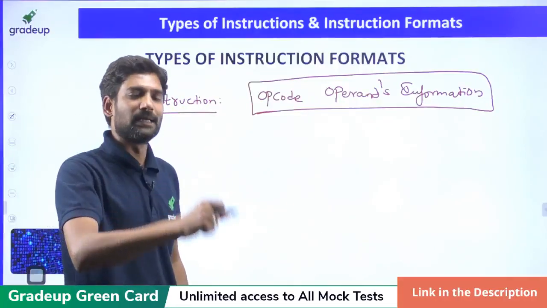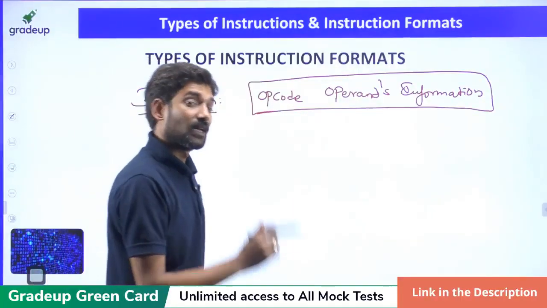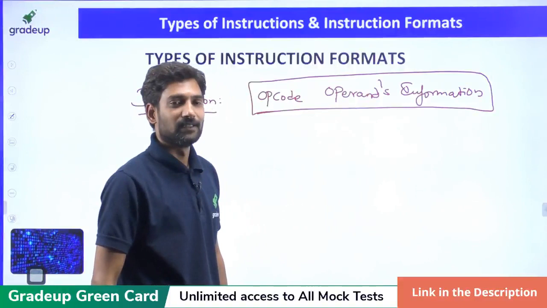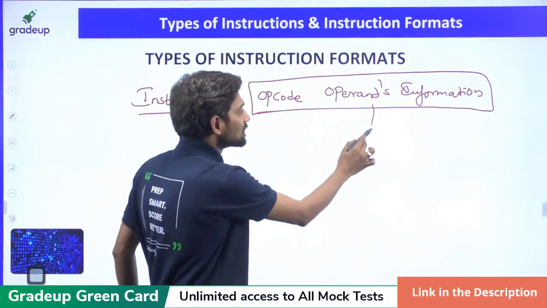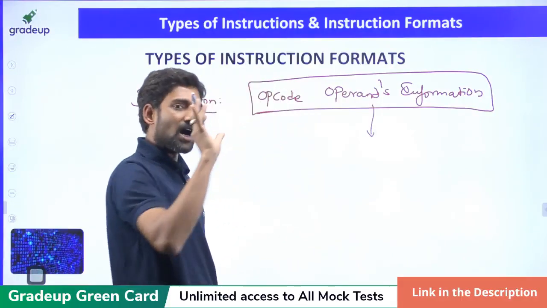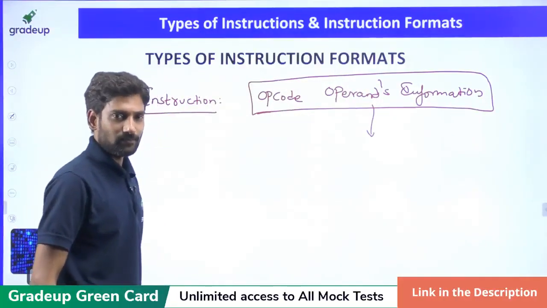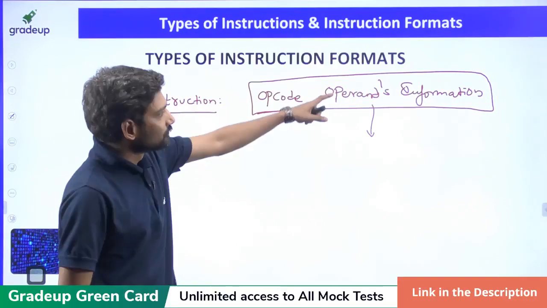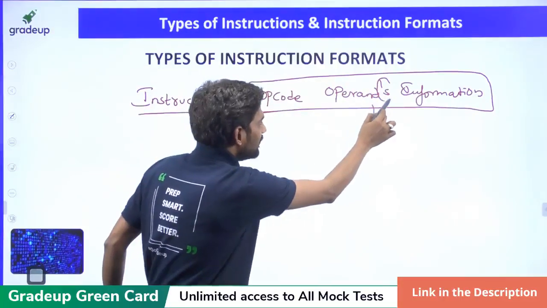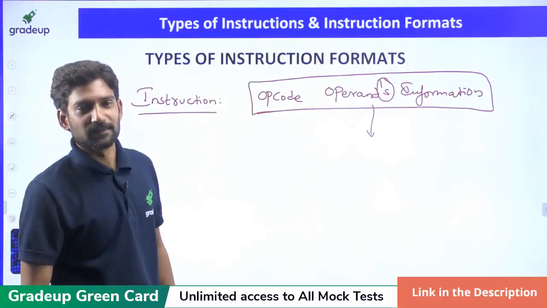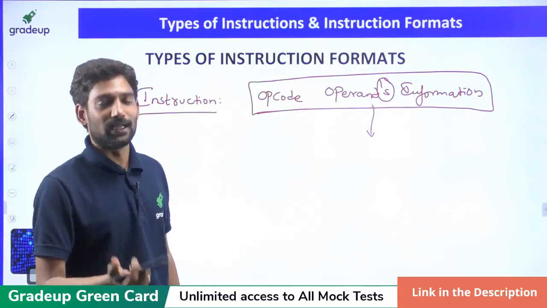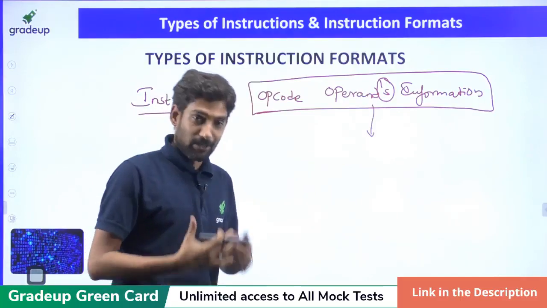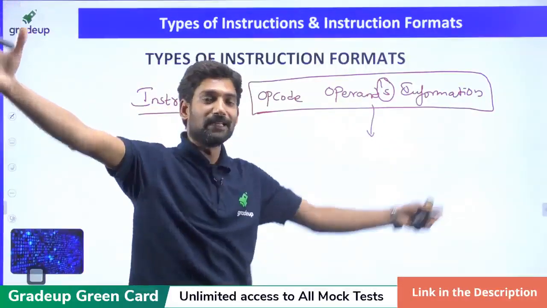Now comes a simple doubt, and it's not simple if you think. That's a very big doubt, a worthy doubt. Sir, you have written operands information. This S is disturbing us a lot, sir. Why? When you use the plural, there is a big range of possibility.